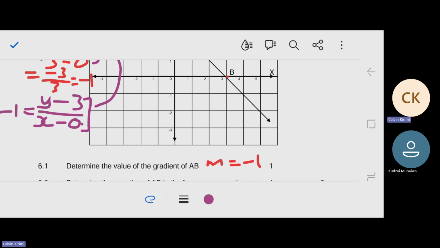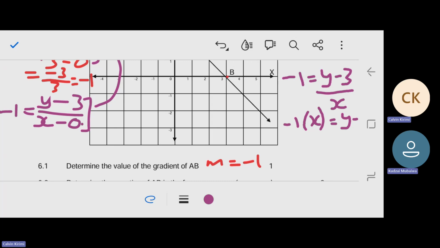So our equation is saying now -1 is equal to y minus 0 over x minus 3. You cross multiply, which means -1 times x is equal to what? Y minus what?